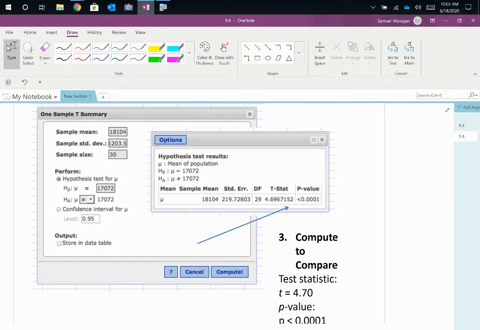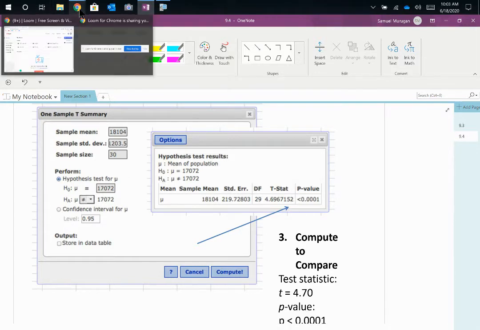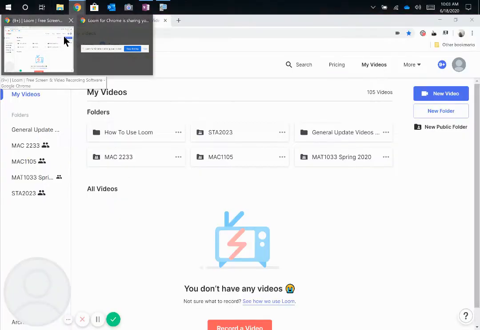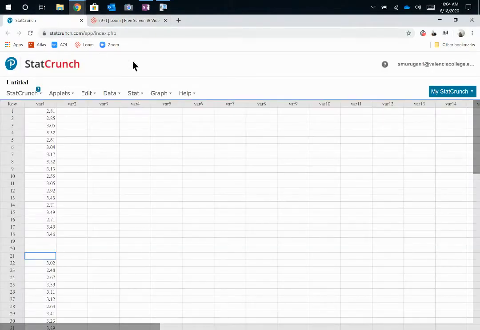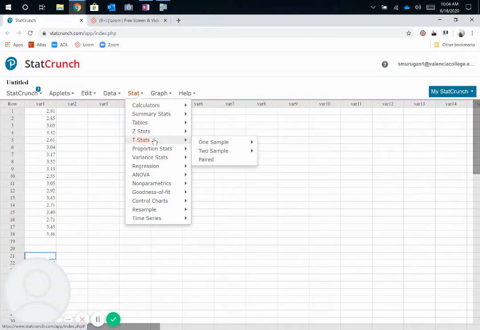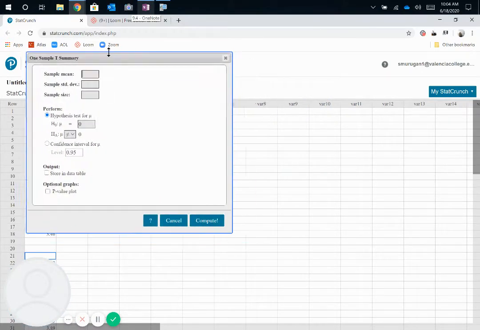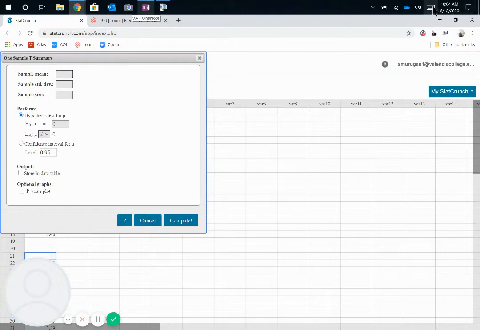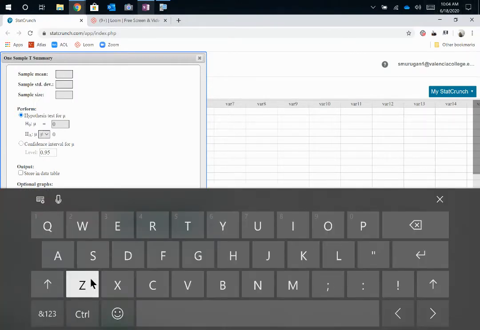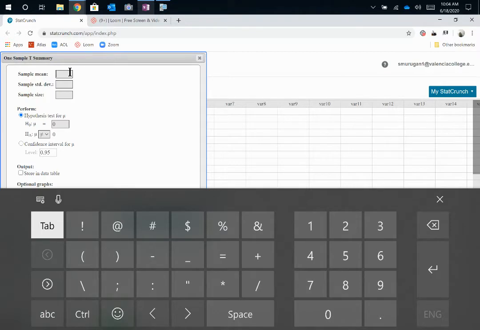Okay, you would go to StatCrunch, open up Stat, T Stats, One Sample with Summary, and then you would go ahead and type your numbers in.